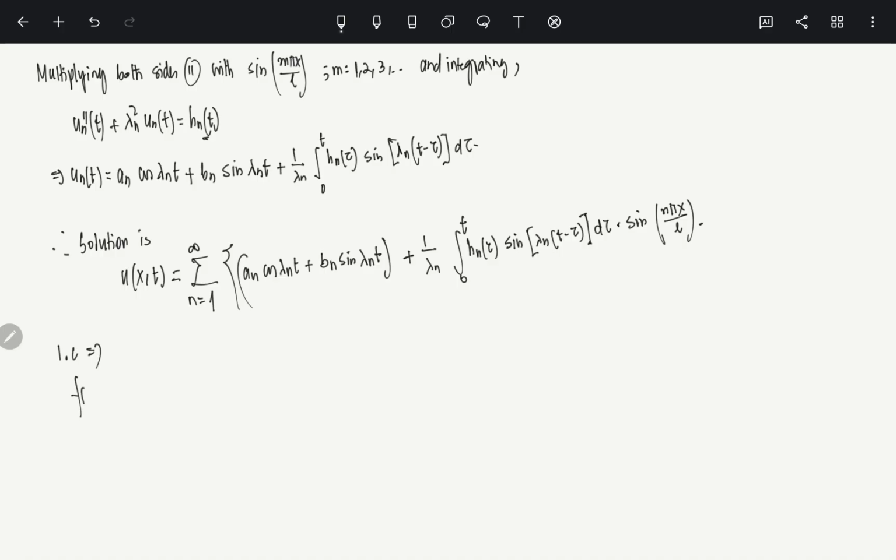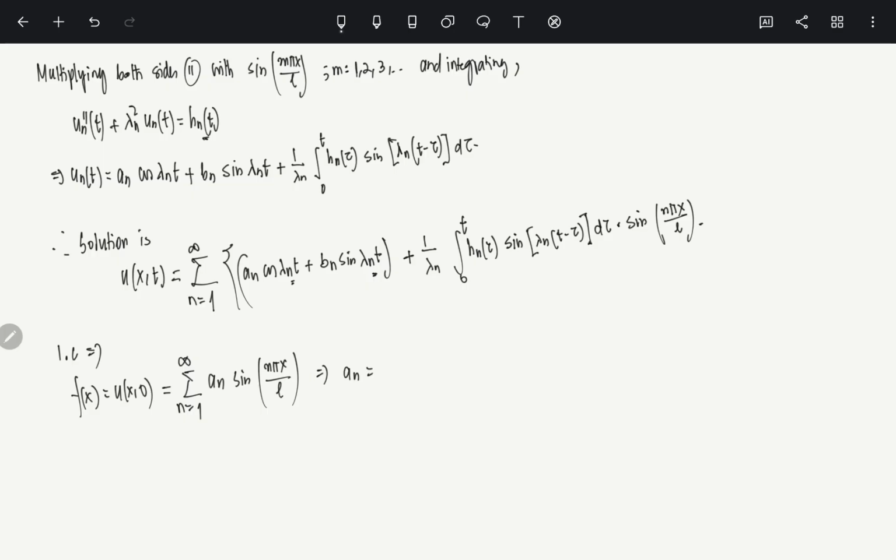Now if you put the initial conditions, what do you have? You have f of x, which is u of x,0, right? And putting t equals 0 in the equation, we have the summation n equals 1 to infinity of an sine of n pi x by L. Clear? So this is what we are actually left with. And what does that imply?